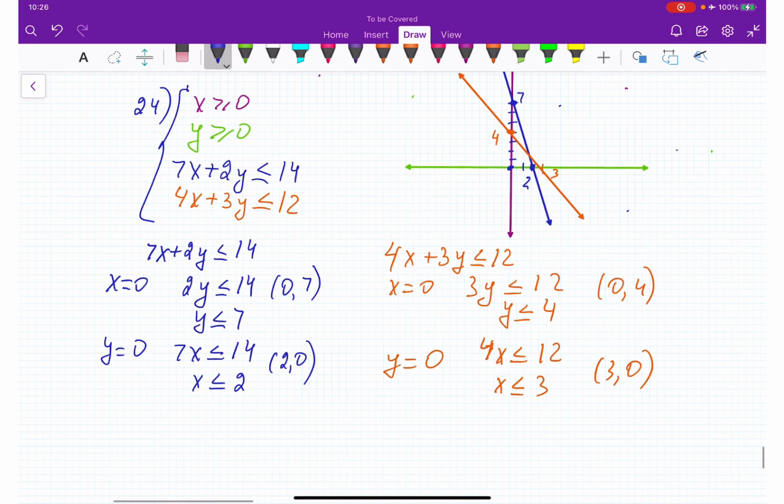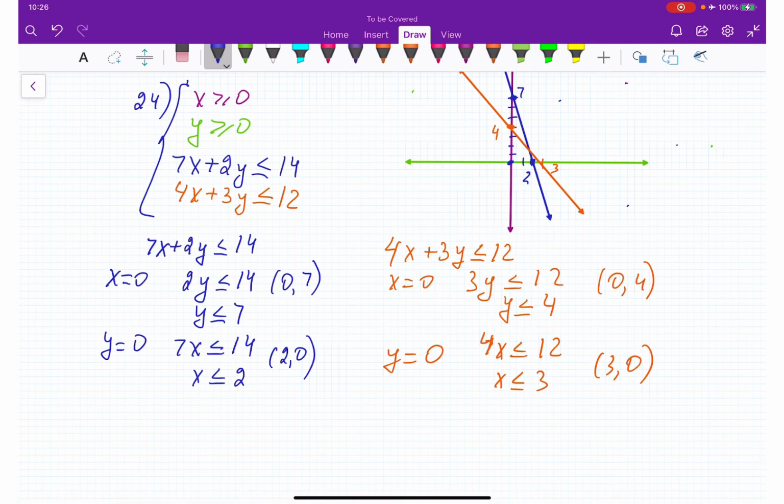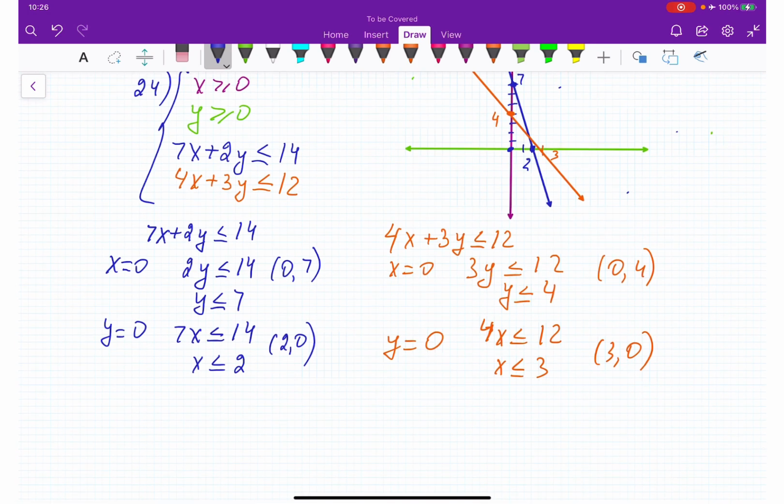I'm going to do drafting on this one to make sure we get the right answer, and then I'll shade it.